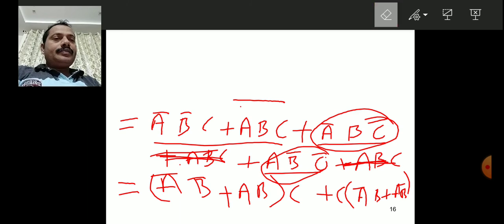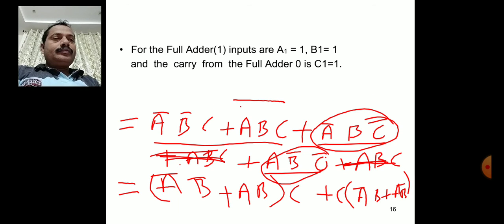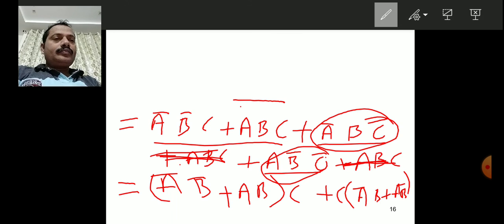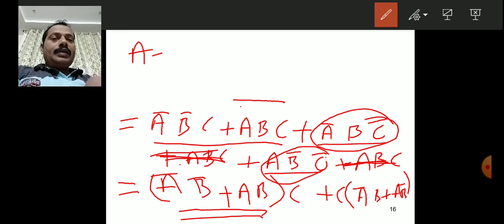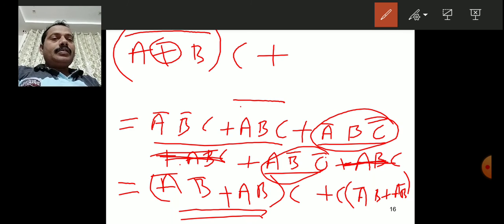We know that this is an exclusive NOR operation, that means A exclusive-OR B, bar, that we can write in the bracket C, plus this is A exclusive-OR B, C bar.